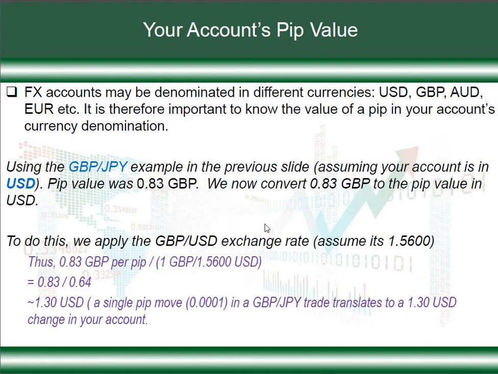If you open a USD account or a Euro account or a pound account, you'll see your balance or your deposit increasing or decreasing. Now, your account's pip value, it means you may be having an account denominated in USD, pound, or whatever currency there is. It is therefore important for you to know what happens actually to your account when price adjusts itself by a pip, moves up by 1 pip or moves down by 1 pip.